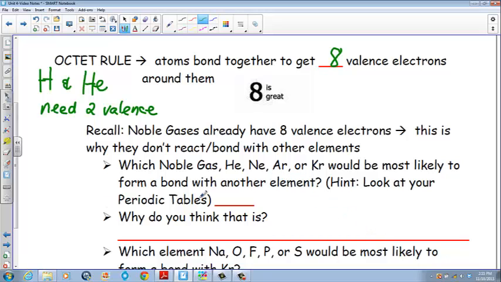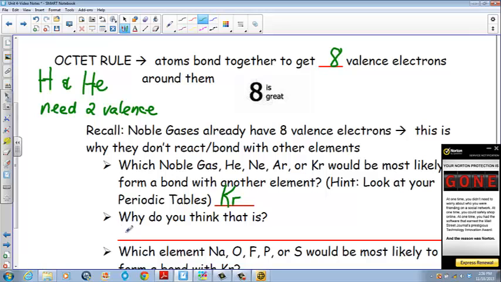And let's see what that says for us. So the answer is going to be krypton. Krypton is the farthest down in the noble gases out of these choices. And so why do you think that krypton is most likely to form a bond with anything else? This is because it has the most shielding.